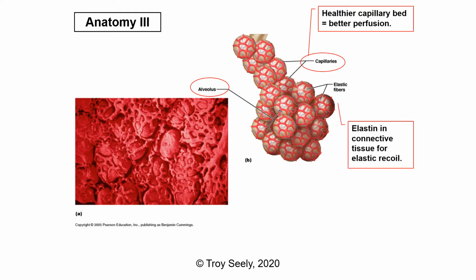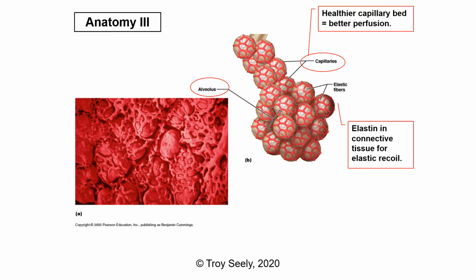And also, there's elastin that is found in the connective tissue here of the alveolus, and this is allowing for an elastic recoil. So the reason we're bringing this up, first off, we appreciate that yes, the capillaries are part of the circulatory system. They surround the alveolus and are attached to the pulmonary arteries. They are directly involved in gas exchange between the lungs and what will be the heart.